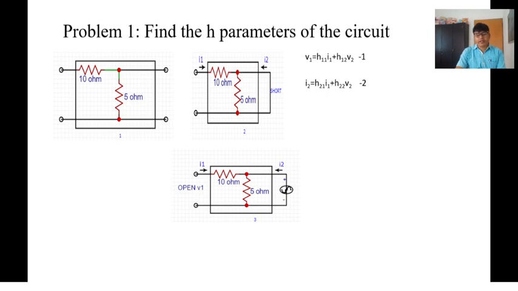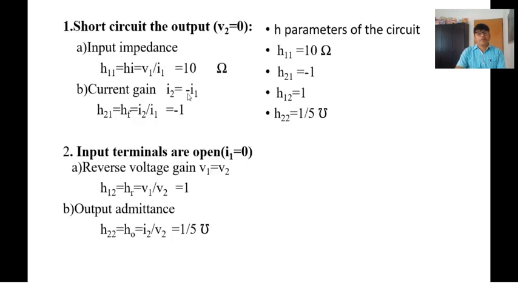It may be noted that I2 is the output current flowing into the box. Since output current is actually flowing out of the box, I2 is negative, therefore I2 is equal to minus I1. Hence H21, that is forward current gain, is equal to I2 by I1, that is equal to minus 1. It has no dimension.